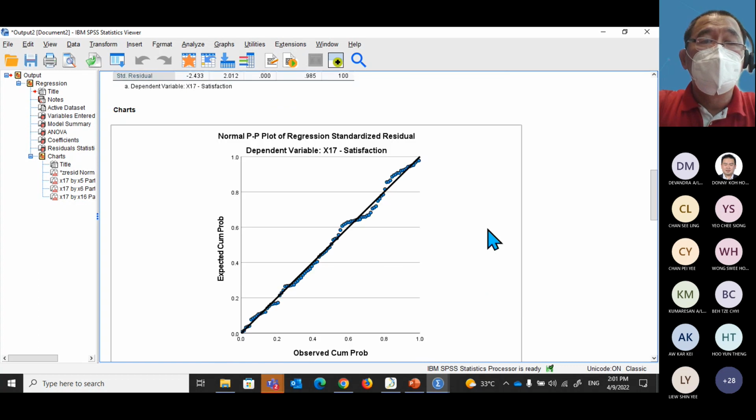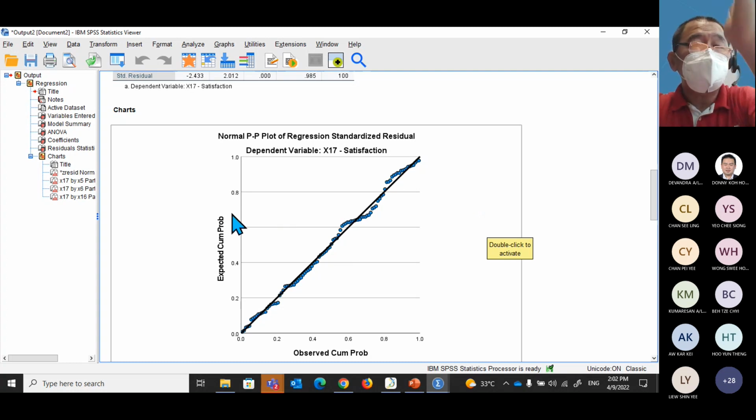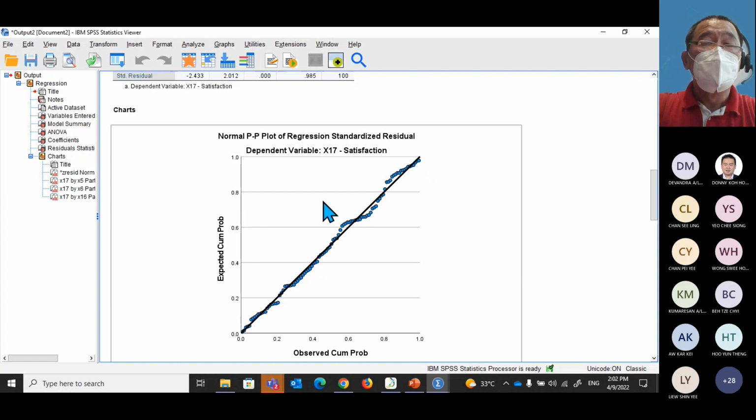We see the vertical side is the expected cumulative probability, and the horizontal is the observed, meaning from the data, the observed cumulative probability. So it is roughly not too normal, but maybe still okay.